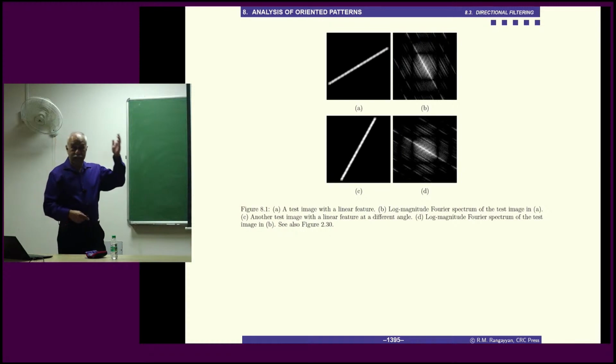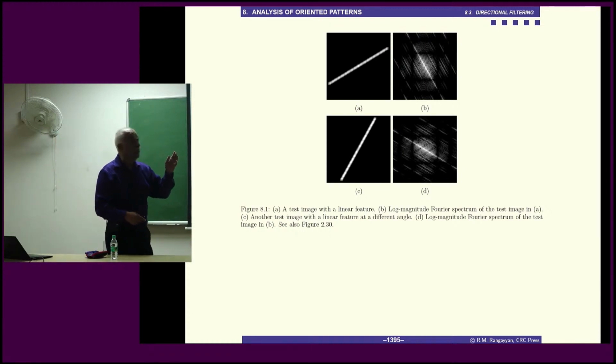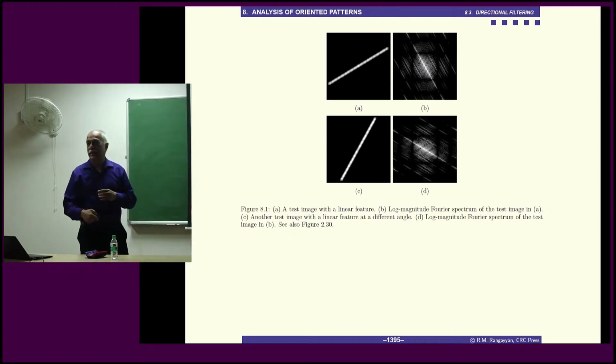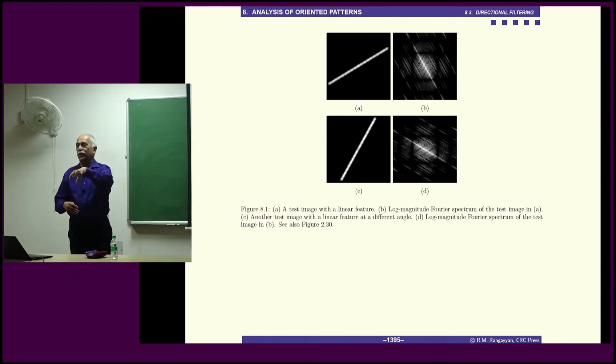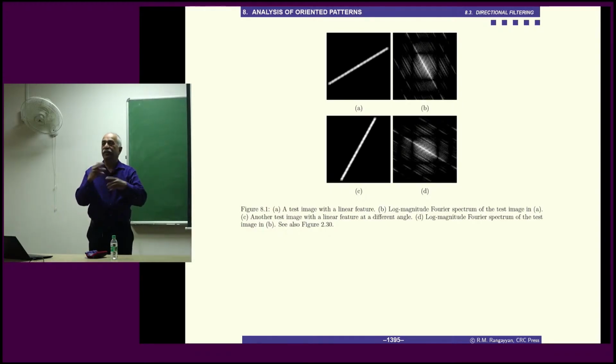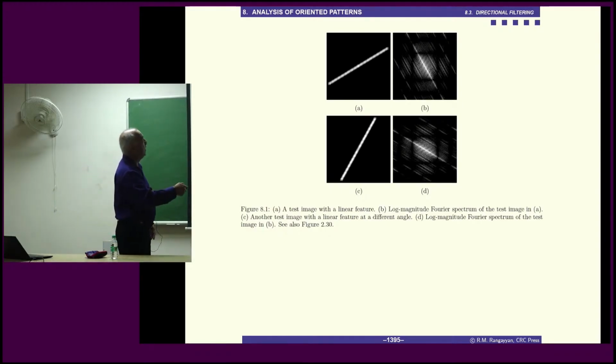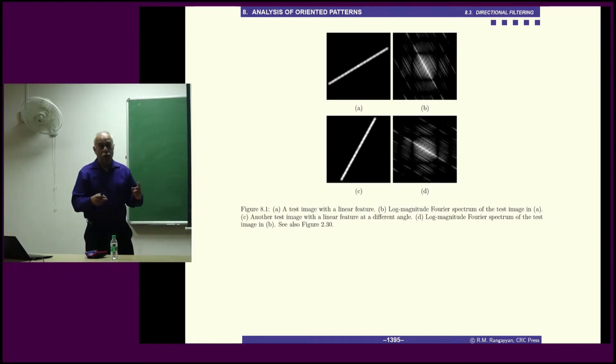The Fourier transform of the line will be a 1D sinc function in that orientation, but the Fourier transform of the square or rectangular window you put is a 2D sinc function. The two are convolved and there is spread in the other direction. Or if the line has thickness, the same thing happens.